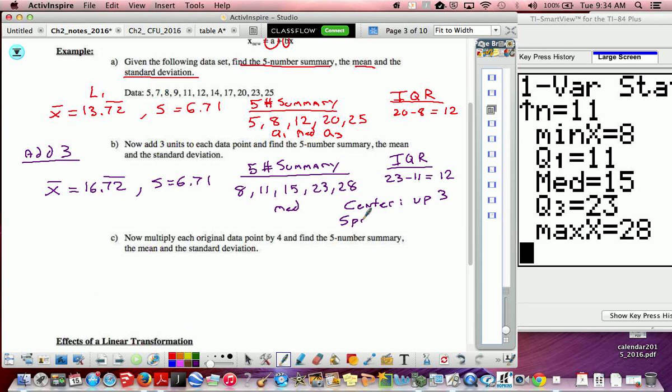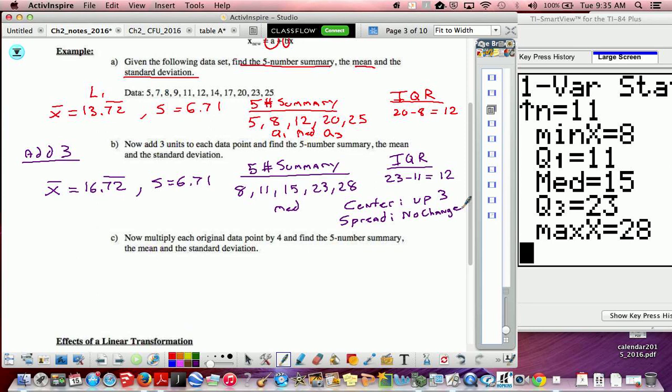Now, when we take a look at spread, 2 measurements of spread that we looked at here were standard deviation and IQR. What happens there? No change. So adding has absolutely no impact on your measurements of spread.